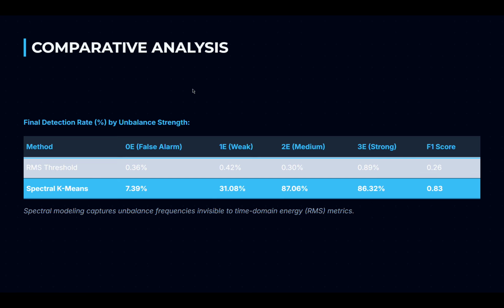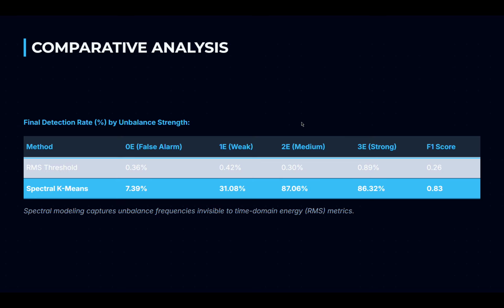And then I guess the comparative analysis here is we compared it against a basic RMS energy threshold, and it was pretty clear. As you can see, the data supports that the spectral k-means model was a lot more effective. The RMS method pretty much missed almost everything except the most extreme imbalances, and our model, on the other hand, was pretty good.